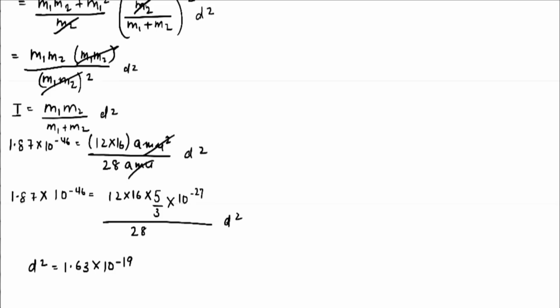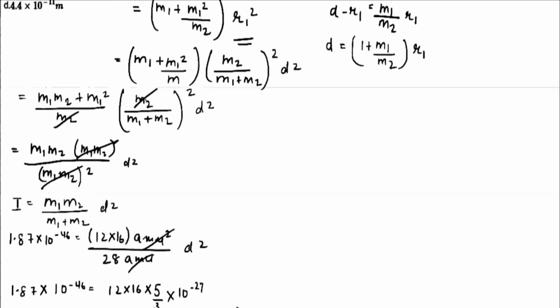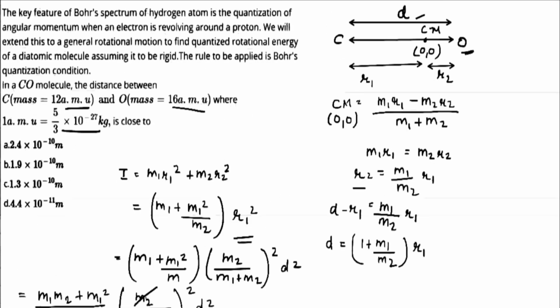So after solving all this, we will get D is equal to 1.3 into 10 to the power minus 10. Now, which one is our correct answer? That is C1. 1.3 into 10 to the power minus 10 m. That is the answer. Thank you.